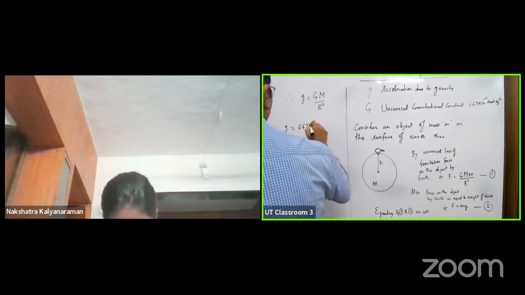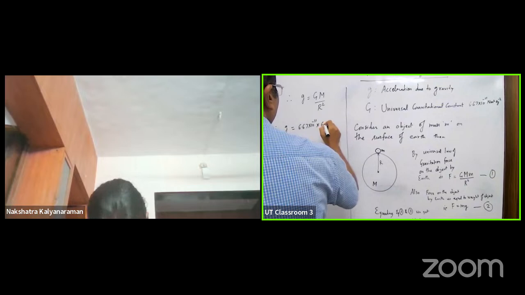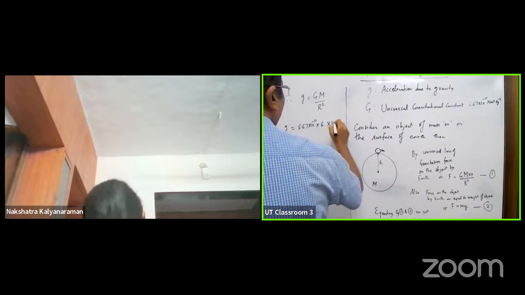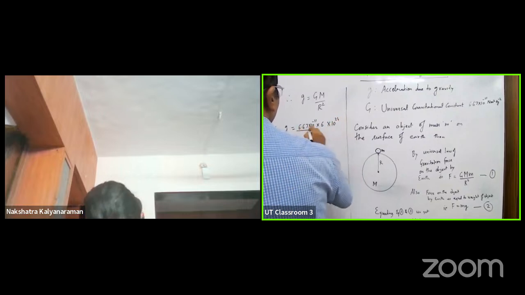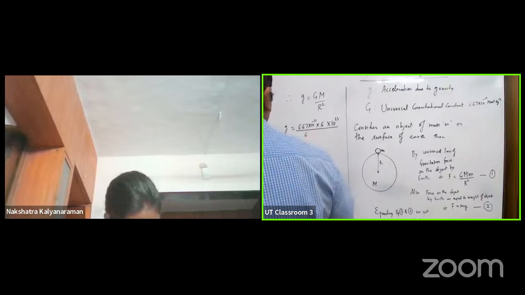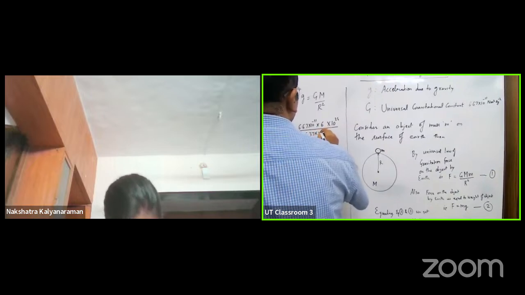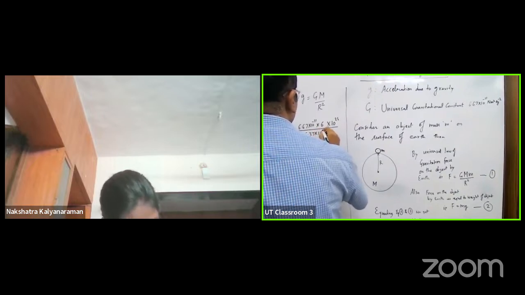Now capital G is 6.67 into 10 raised to minus 11. The mass of the earth is 6 into 10 raised to 24. The radius of the earth is 6.37, about 6.4, into 10 raised to 6.